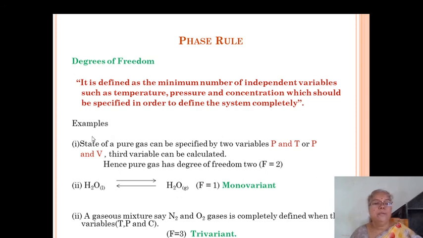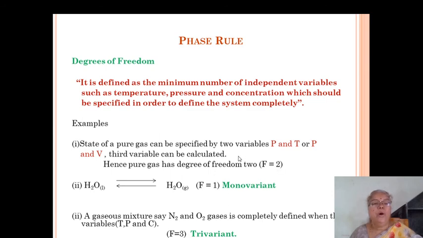For example, here a state of pure gas is specified by two variables, that is pressure and temperature or pressure and volume. The third variable can be calculated. Hence, for pure gas, the degree of freedom is 2.